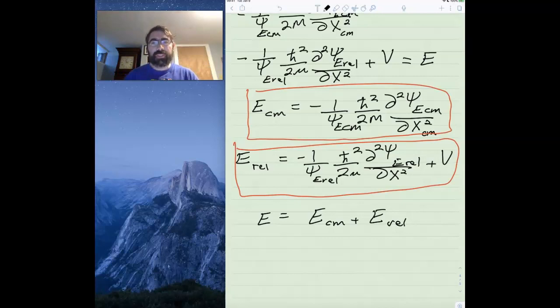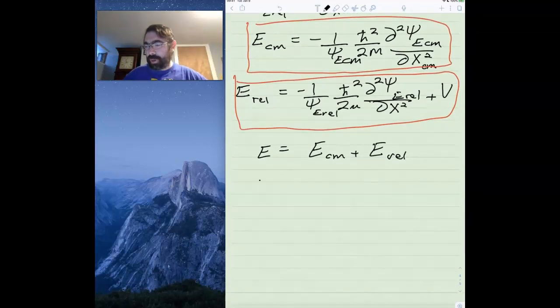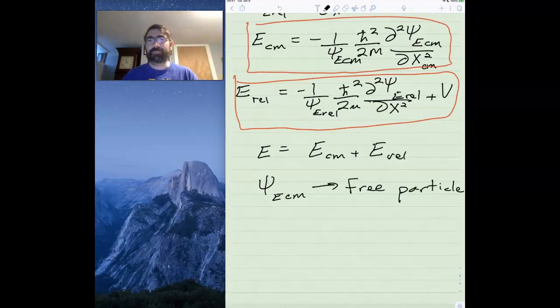The interesting thing is the interaction is only in the relative motion; the center of mass is essentially a free particle. So we could use the solution that we already know for a free particle, or you could just solve the equation. It's not that hard of a differential equation to solve.